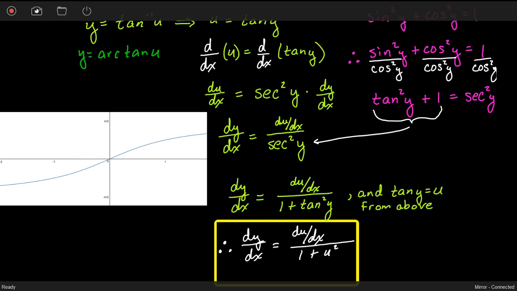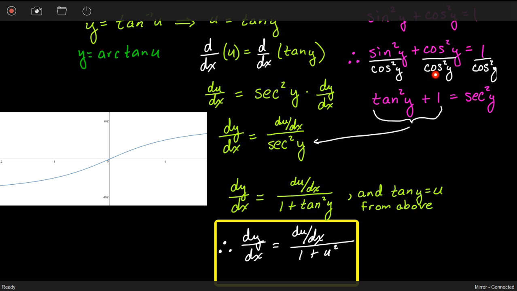Now here's a Pythagorean identity from your trig functions that says sine squared plus cosine squared is equal to 1, which means if we took every term and divided it by cosine squared of y, your equation would stay balanced, but it changes what it looks like. Sine squared divided by cosine squared is going to be tangent squared.